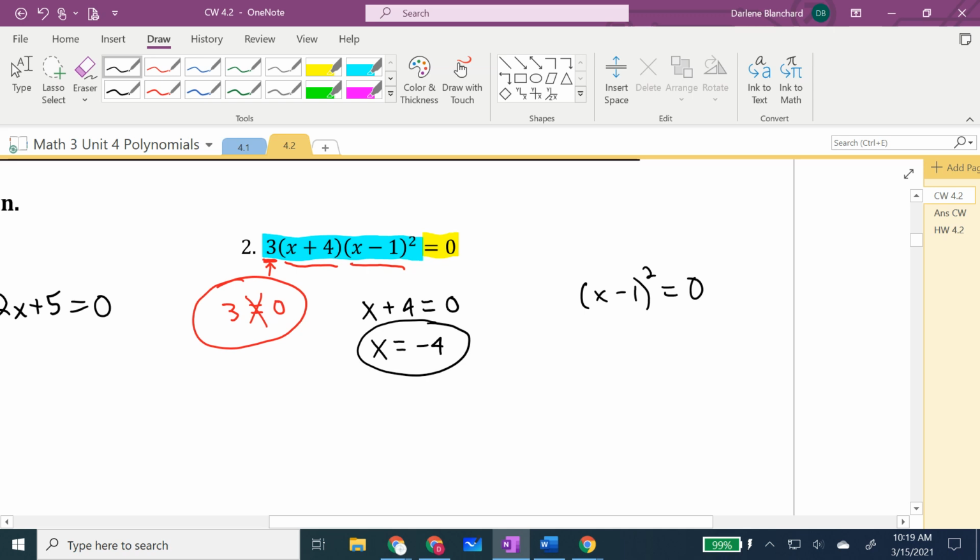On this one, I want to point out to you that if you square a number and you get 0, that number that you squared has to be 0. You can also, if you're using some of the techniques we've talked about with solving, when you see a squared, take a square root and put a plus or minus sign on there.